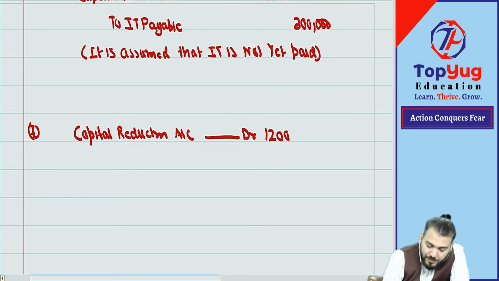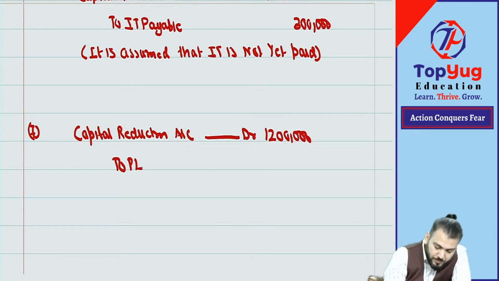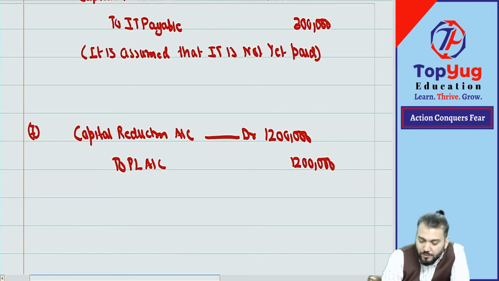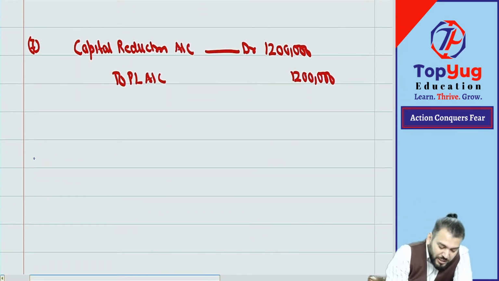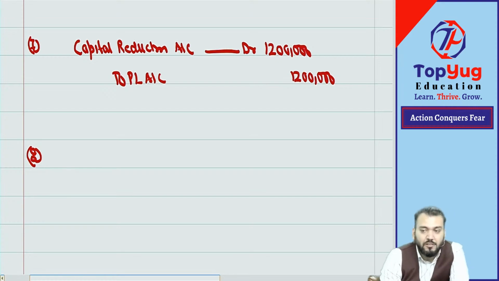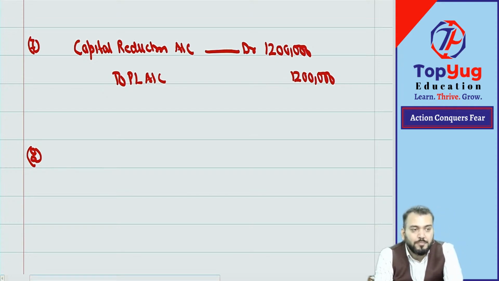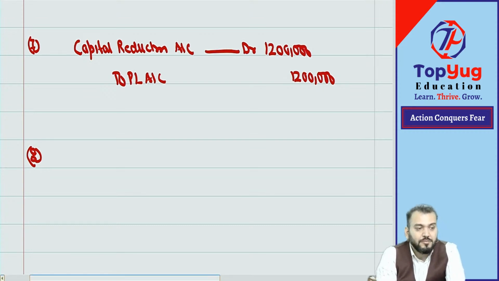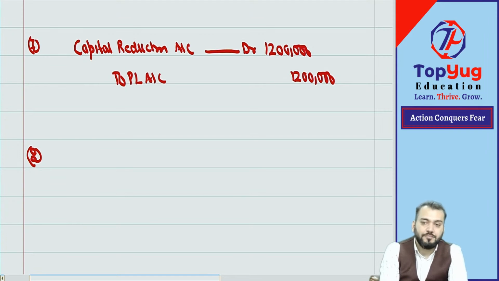So it is 12 lakh to PL account, 12 lakh. All journal entries done. At the end, what will you do? You will close which account and find out the balance. Can you find out the balance of capital reduction by doing it in the calculator only? Credit will be credit, debit will be debit, then credit minus debit. Can you give me the balance of capital reduction account?